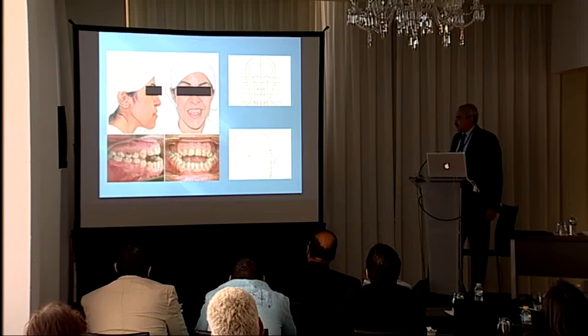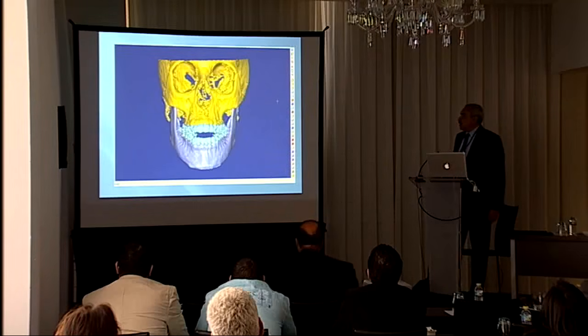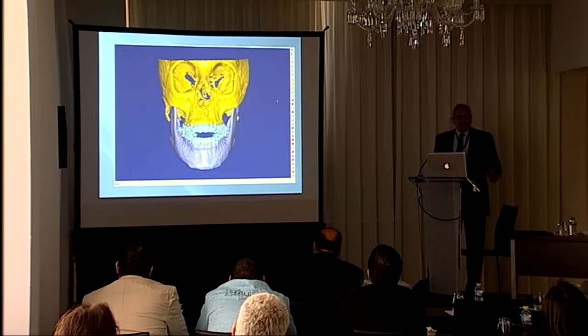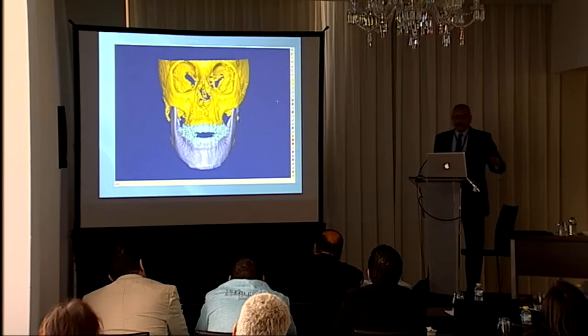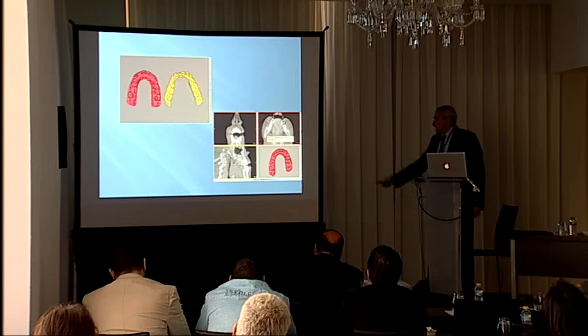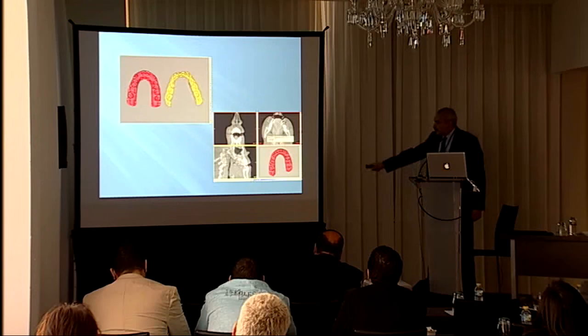This is, for example, a case. This case went through bimaxillary surgeries, but we'll concentrate now on the mandible. We do the 3D model, and we can see when the patient has some metal artifacts, like braces, like metal fillings, like a bridge, it gives us lots of scatter, so we scan the models. We do a CT scan for the models, and we do what we call image fusion based on 6 points.